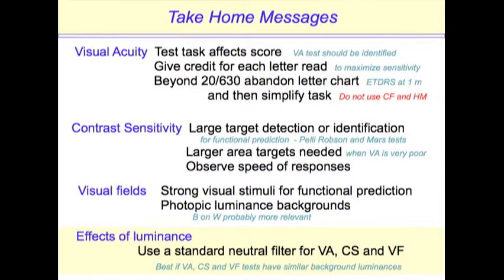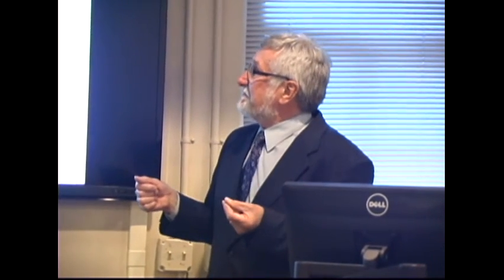So now I'm going to try to give you the take-home messages. This is basically about what I think is important about the different functions. When you're dealing with visual acuity measurement and you're trying to use this so you can give the patients better advice and better understand their visual acuity-based functional problems, you should always be thinking about what is the test task and identify what the test task is in the record.